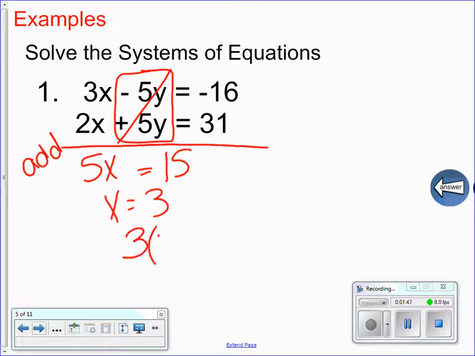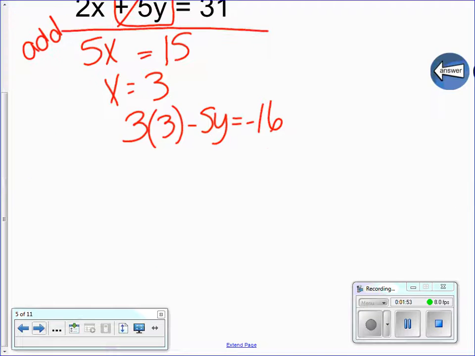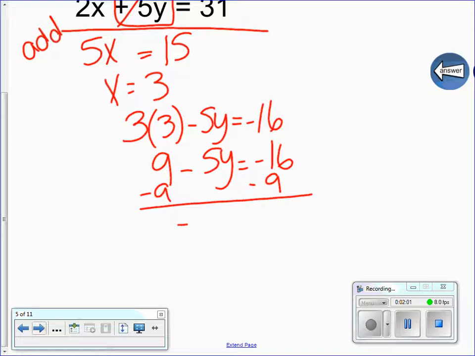So 3 times 3 minus 5y is equal to negative 16. So we get 9 minus 5y equals negative 16. Subtract 9 from both sides, and I get negative 5y equals negative 25, so y is equal to 5.